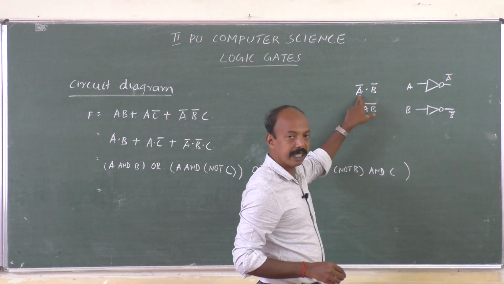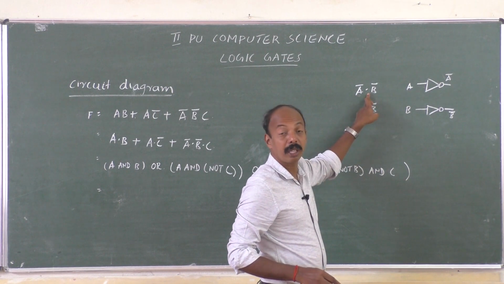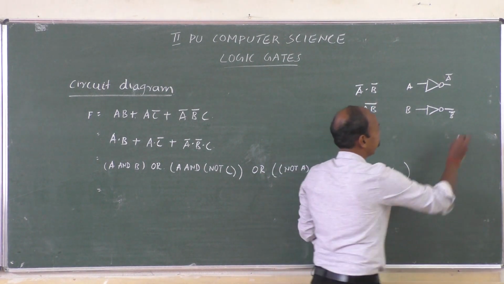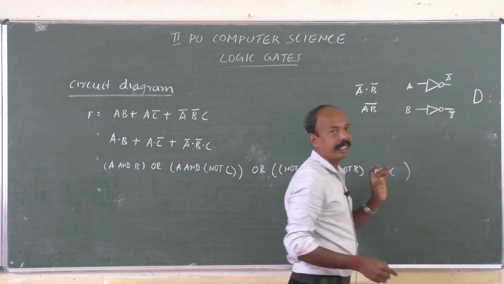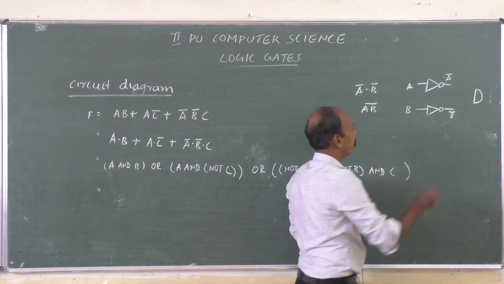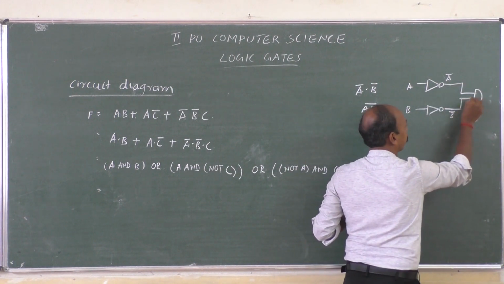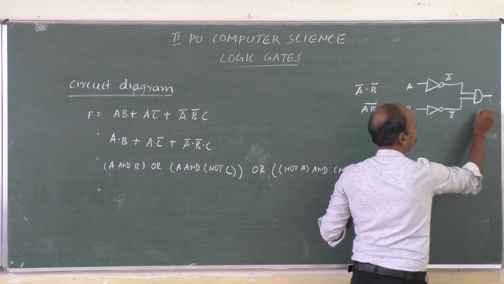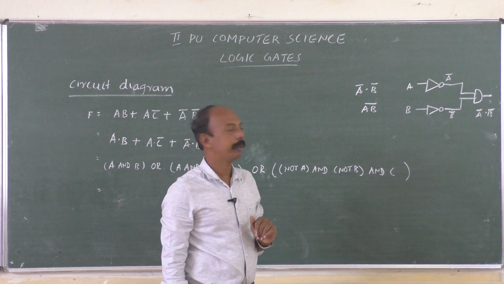So complemented A and complemented B, this is dot. Dot is AND. So to the next level, take the AND gate. An AND gate requires at least two inputs. One of the inputs will be A bar, the other input will be B bar. This will be A bar dot B bar.